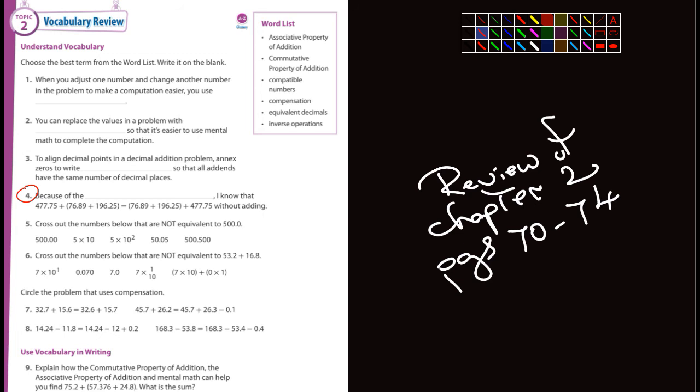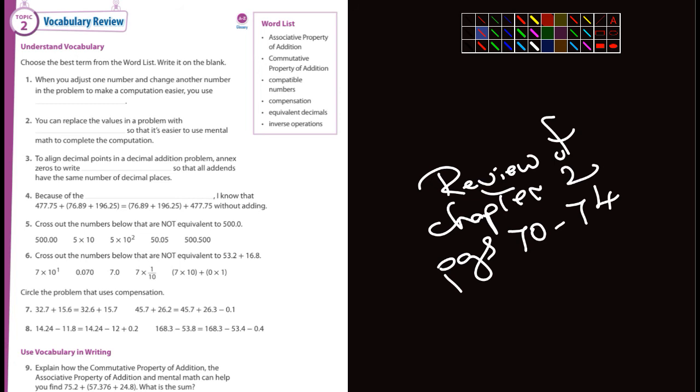So they just changed the order. So it's going to be one of the words from the word list. That would be one of the properties. And if you were to flip back in your book, you would see it's the commutative property of addition.